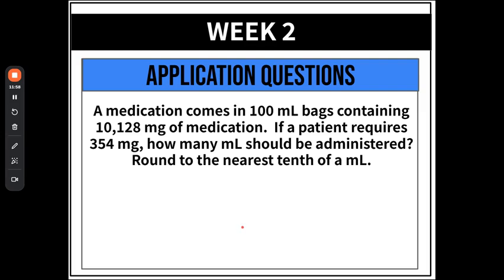All right. So for this question, let's go ahead and set up another proportion. So what do I know? Well, I know that 100 milliliter bags contain 10,128 milligrams of medication.